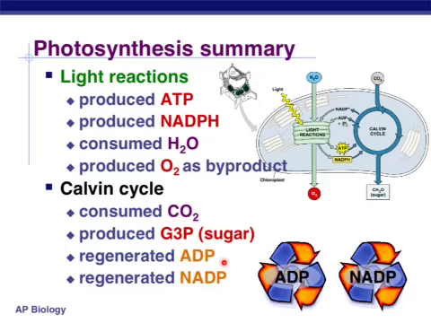Another way to think of this is it uses ATP. So let me write that in for you, because that's a simpler way of thinking about it. So it uses ATP, and it also uses NADPH.